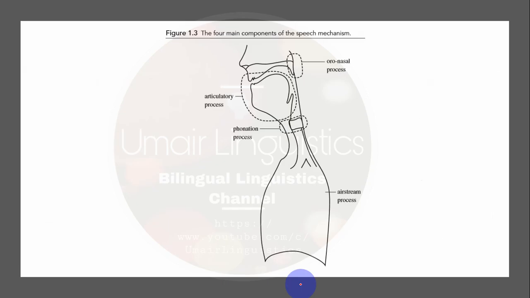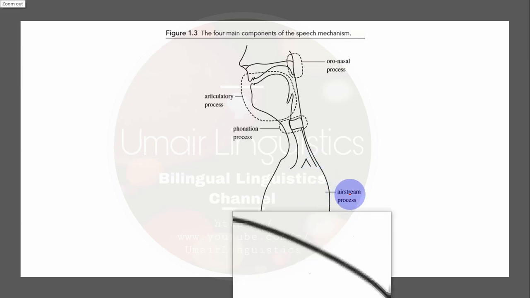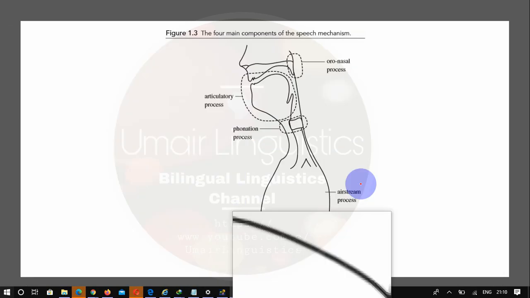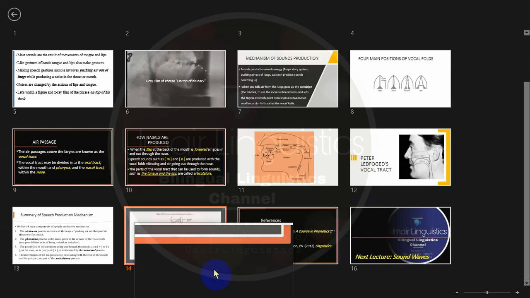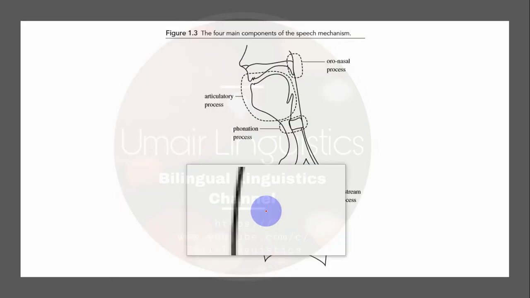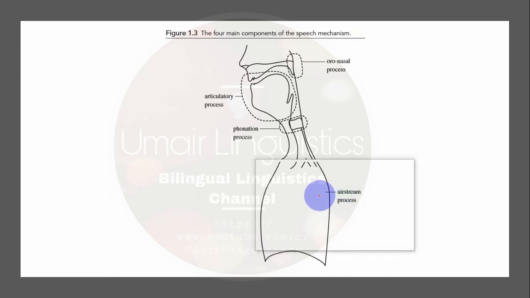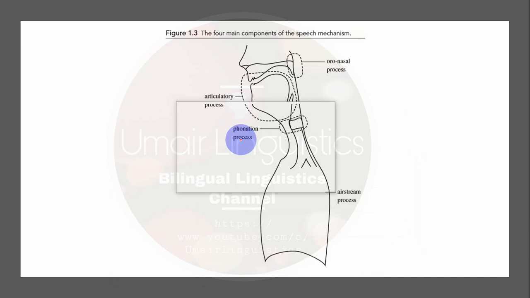And this is one of the pictures showing the speech mechanism. So here you can see the airstream process, and consider these are the lungs. So air is coming from the lungs here. Sorry, I just want to zoom in. So these are the lungs, this is the airstream process, and air is coming here.